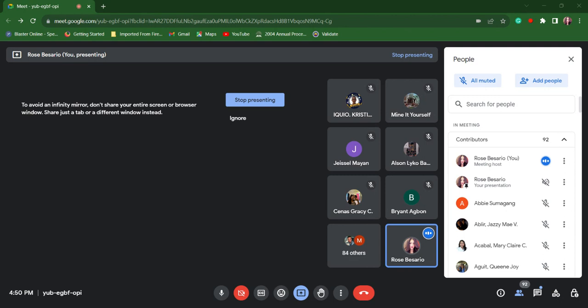Last one, failure to convert unearned revenues to earned revenues. Analyze the account titles used. What are the account titles of unearned revenue?